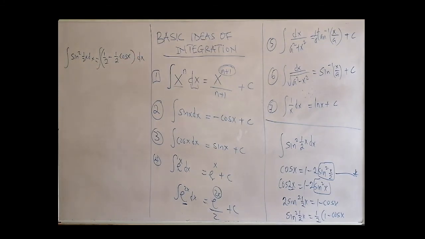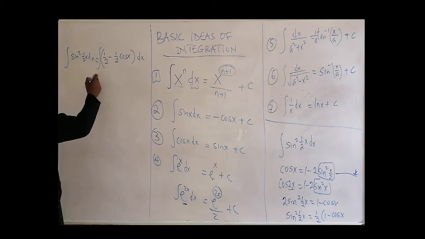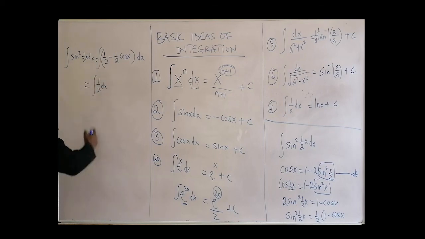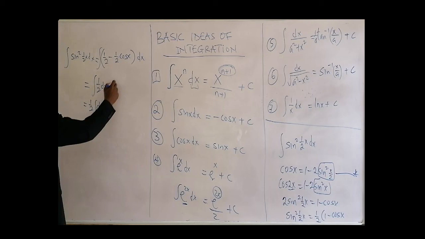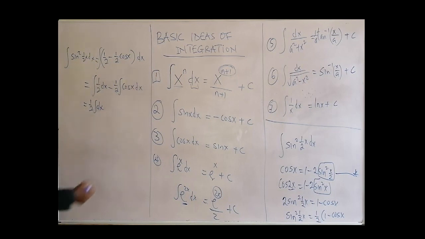Then we can integrate that. The half can go to the front, which is half integral of dx minus cos x dx.